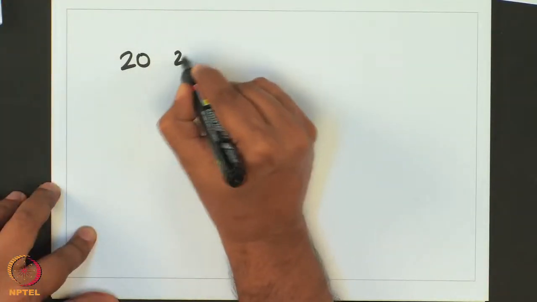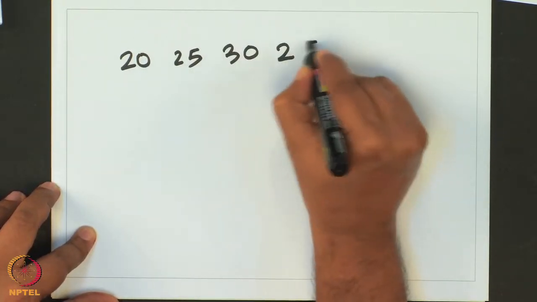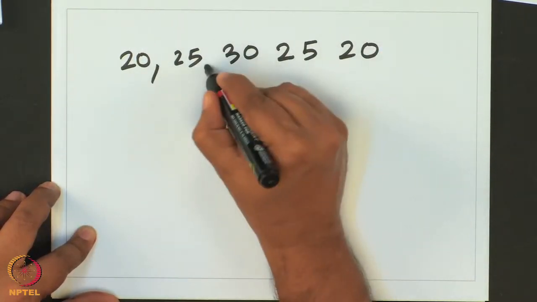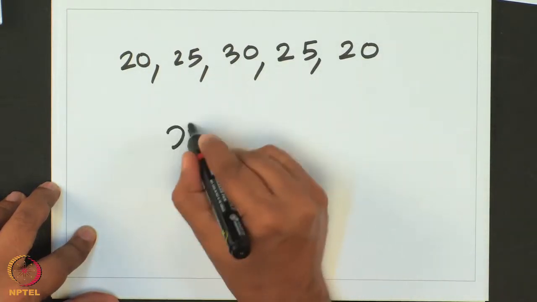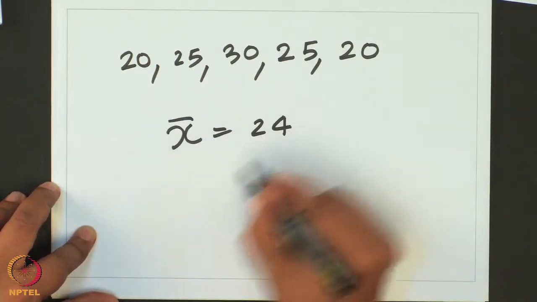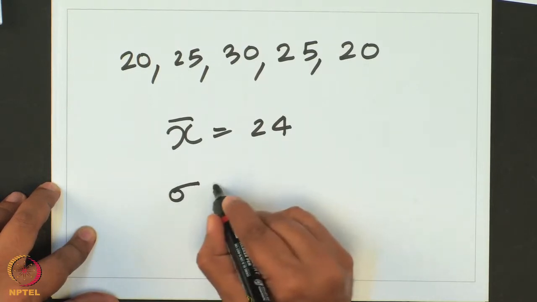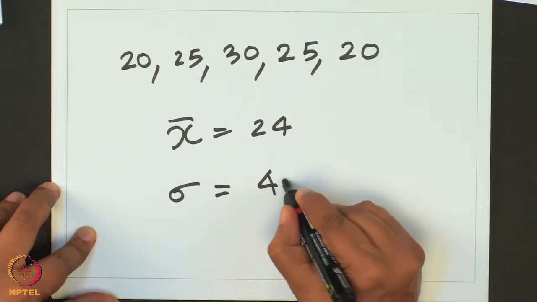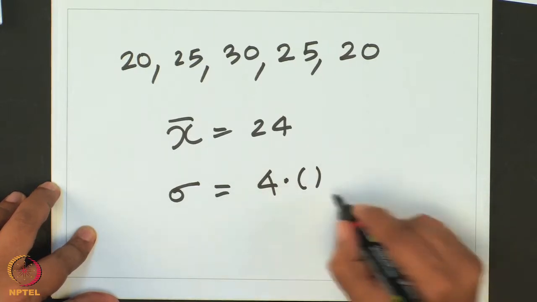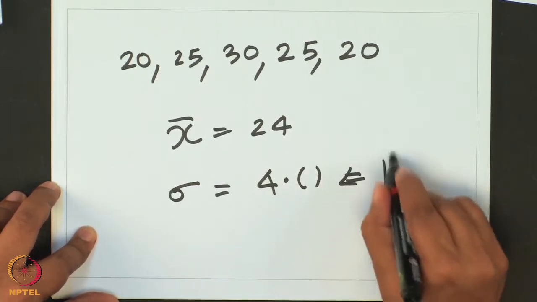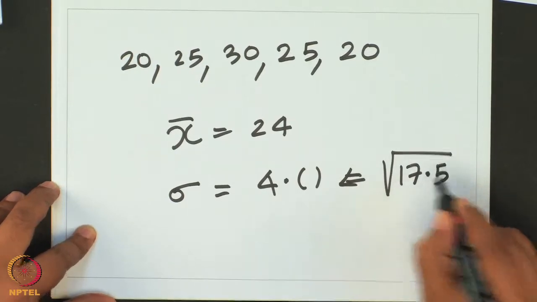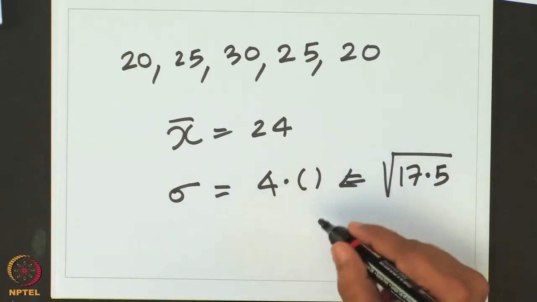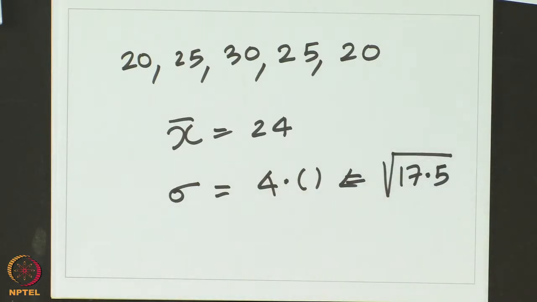So if we have these numbers, 20, 25, 30, 25, 20, the mean is 24, and the standard deviation sigma was 4 point something, to be precise root of 17.5. So a little above 4 is what you would get.